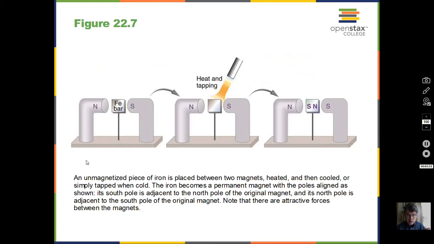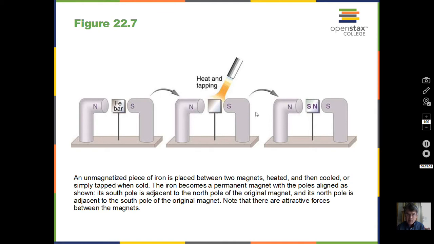We can lose permanent magnetism. If we magnetize something, apply some external magnetic field to a ferromagnetic material like iron, then there will be permanent magnetism created in that. Permanent is in quotes. If you heat up a magnet, raise its temperature past the Curie temperature, the permanent magnetism will be destroyed.